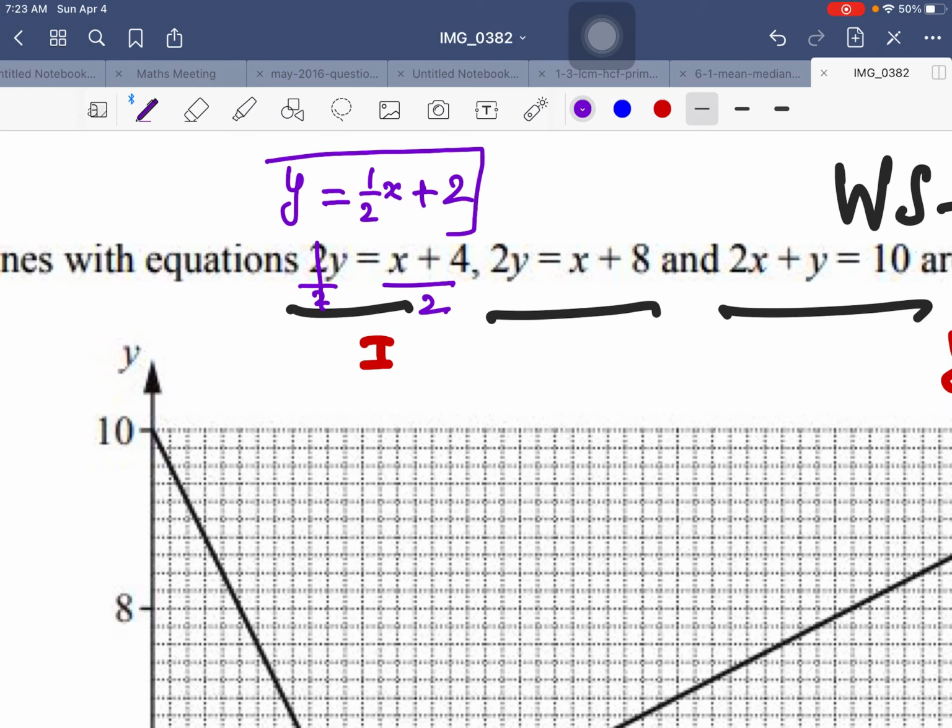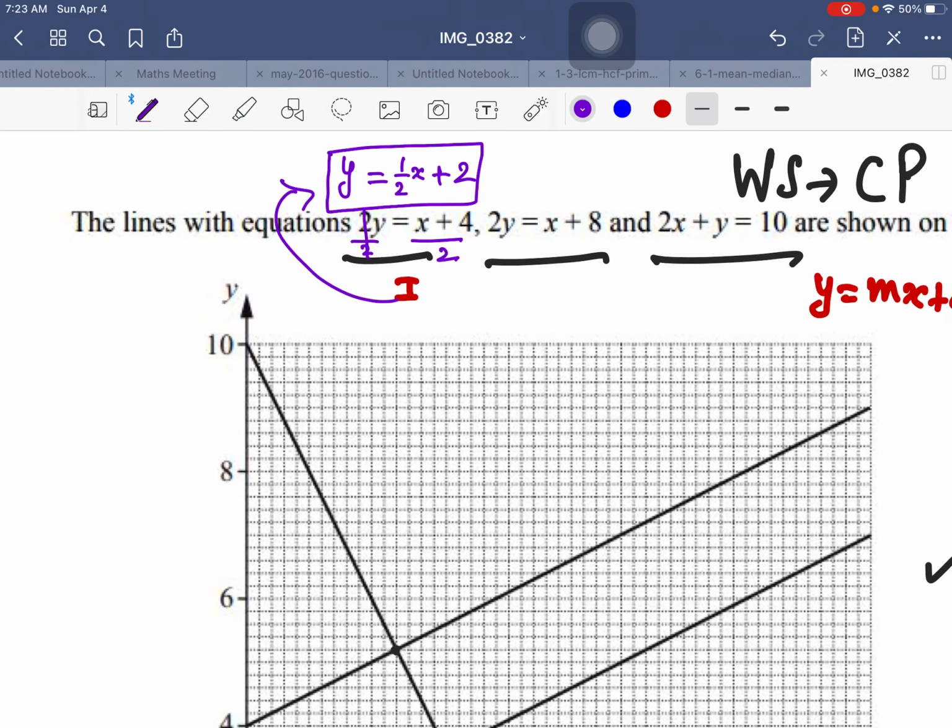So equation 1 was 2y equal to x plus 4. I changed it into standard form, y equal half x plus 2. Here this number half is m, this is c. C is 2, m is half. So the gradient of this line is 1 by 2 and the y-intercept is 2.